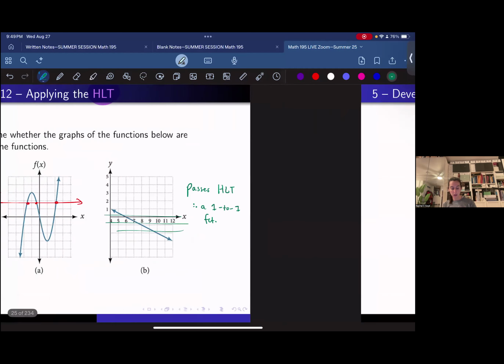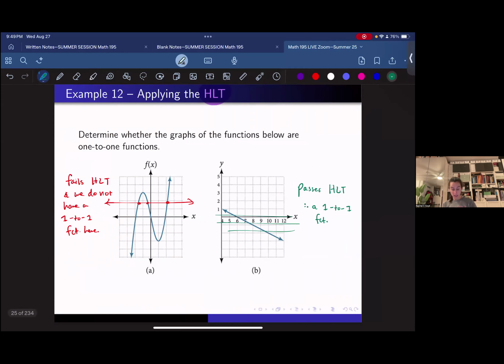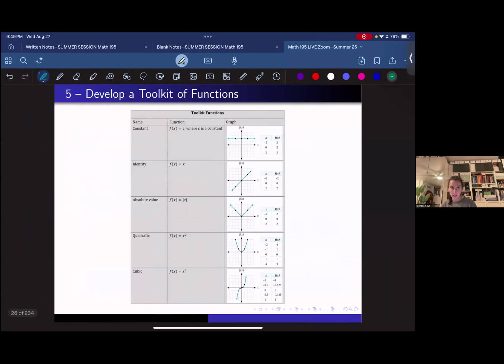And so we're almost done. This was our last example for this section, but our 5th objective is to just really zoom in on our toolkit functions, also known as parent functions or famous functions.